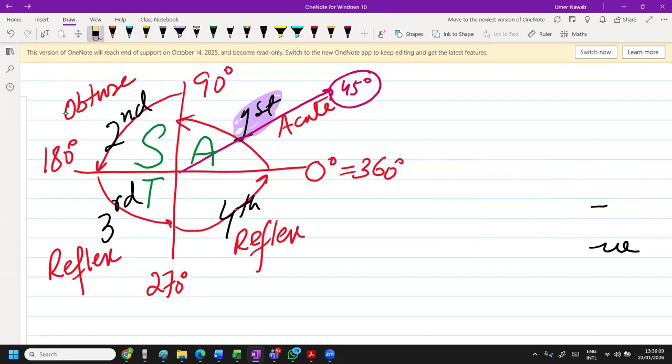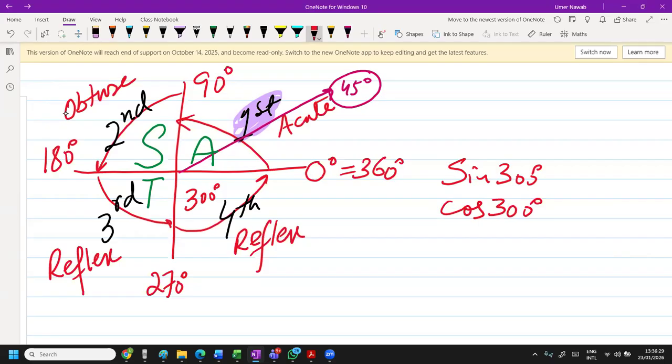The same rule applies when I move to the fourth quadrant and pick any angle. Suppose I pick 300 degrees, which is between 270 and 360, and 300 is a reflex angle. So I try to find sine of 300 from a calculator, the same for cosine of 300 and tan of 300. I'm sure you guys can guess that sine and tan will be negative, but this time cosine will be positive.